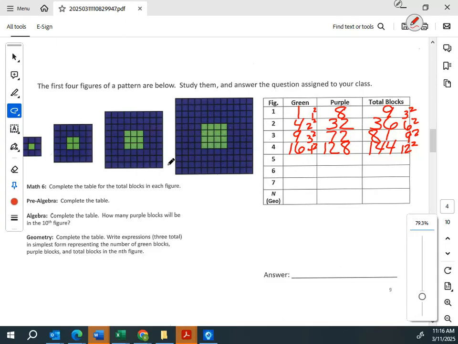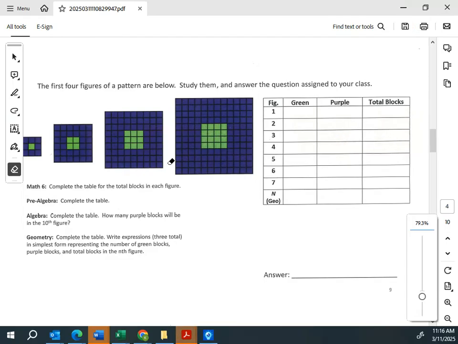I found the rule. Or you could follow the green pattern, follow the total blocks pattern with those perfect squares, use that to subtract to find your purple. Always look for patterns that you can see. Perfect squares show up a lot. Next page.